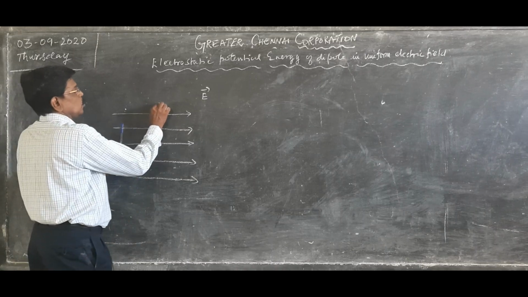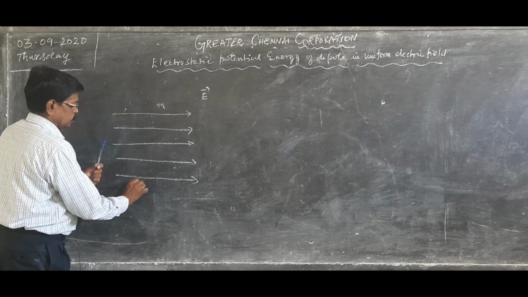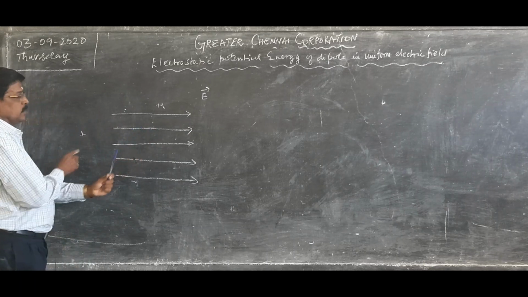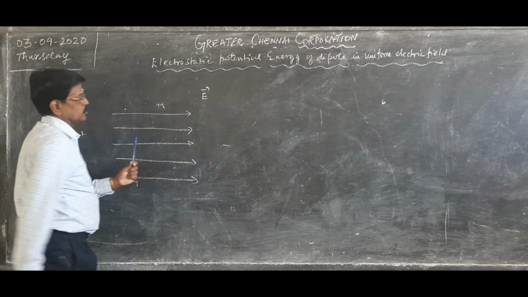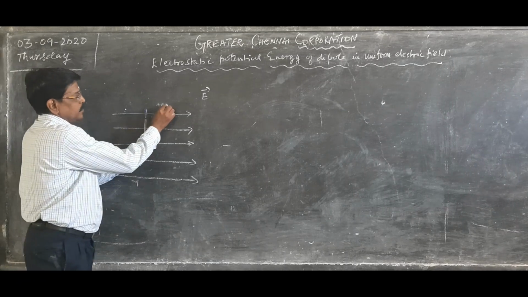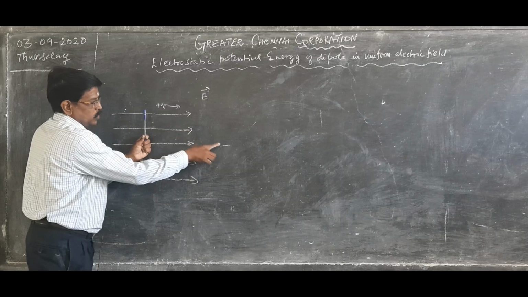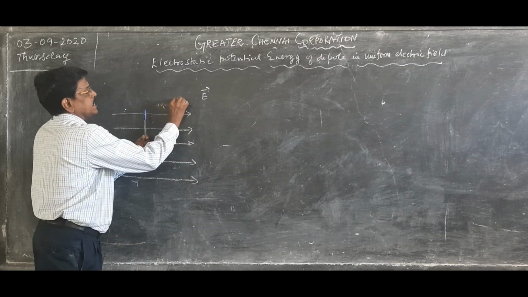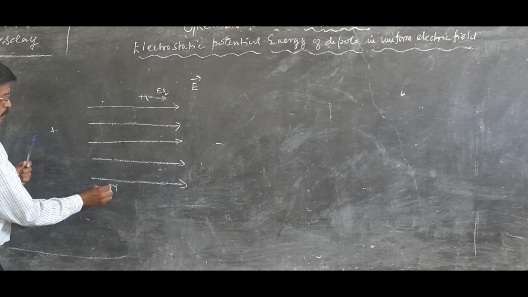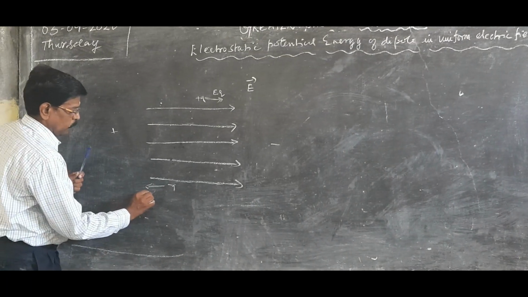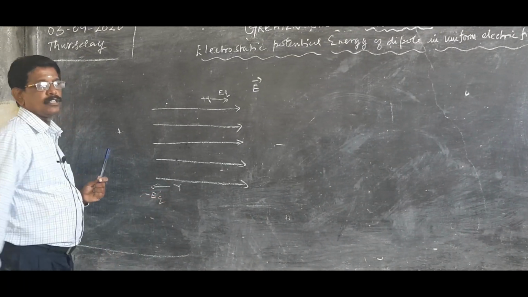This is plus Q, this is minus Q. What will happen? The positive charge experiences a force, so the force acting is EQ. Similarly, on the charge minus Q, the force acting is minus EQ.